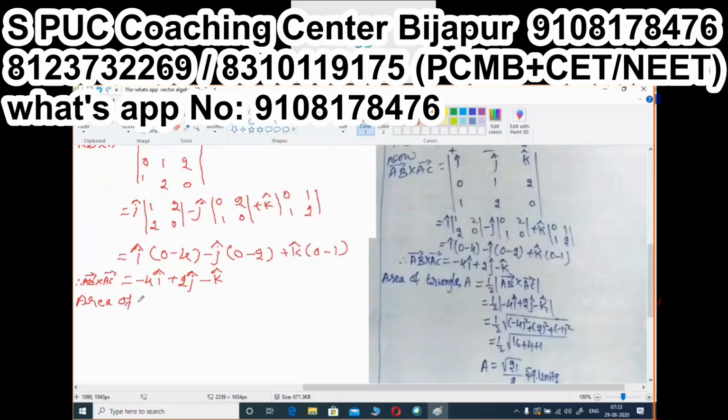So now area of triangle, that is A is equal to, as already written in the previous problem, the area of the triangle formula, that is half of the modulus of AB vector cross AC vector. Already you found AB vector cross AC vector as minus 4 I cap plus 2 J cap minus K cap.